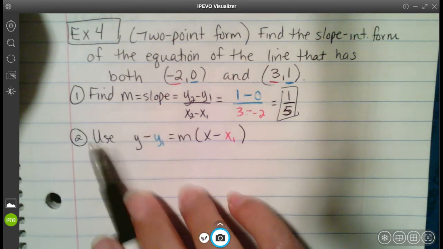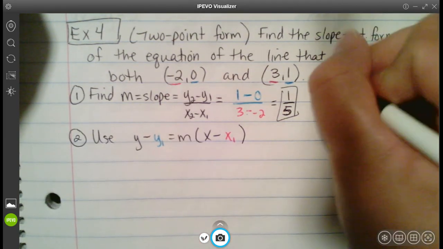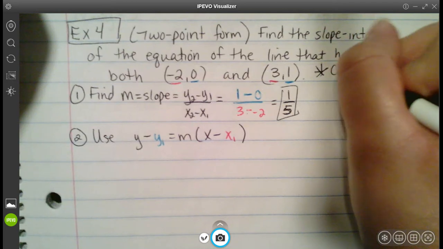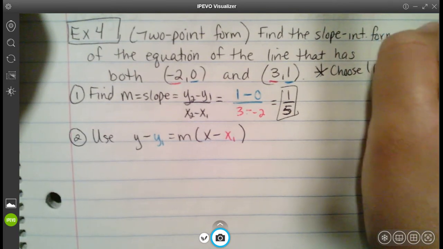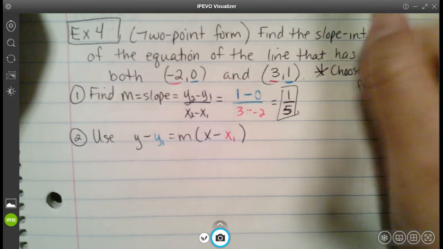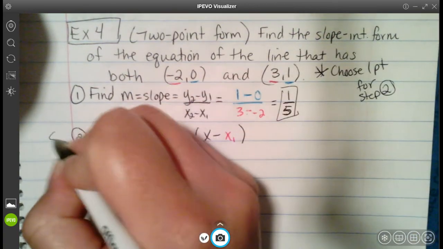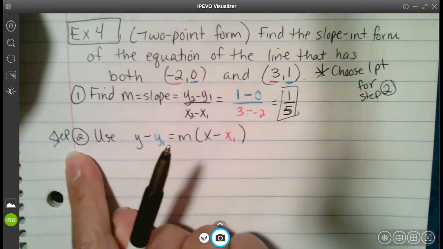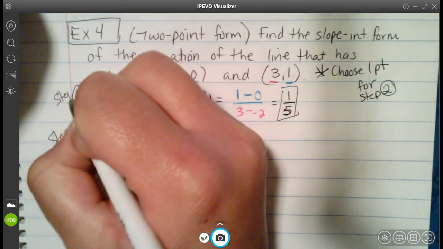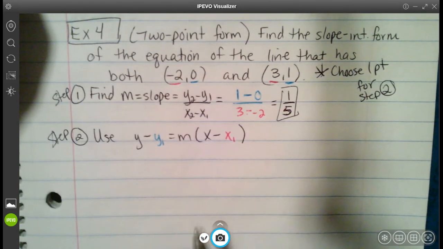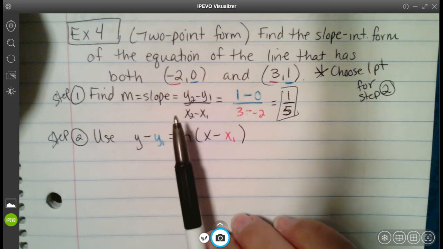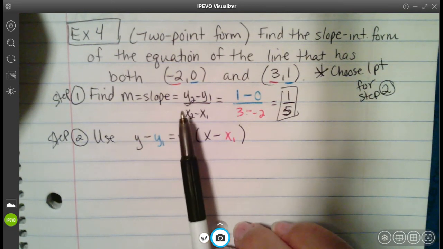So for this one, if you have 2 points, you want to make a note right here: choose 1 point for step 2. So this is step 2 right here, and this would be step 1 if you want to write that down. I'm going to choose the one that's easiest for me because it just seems to make more sense.